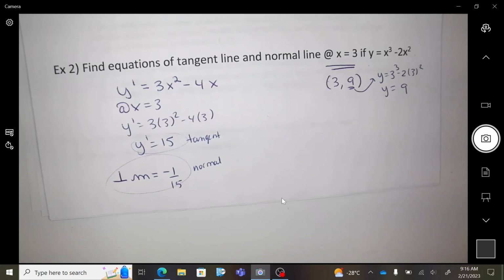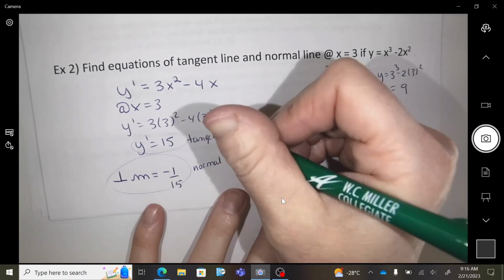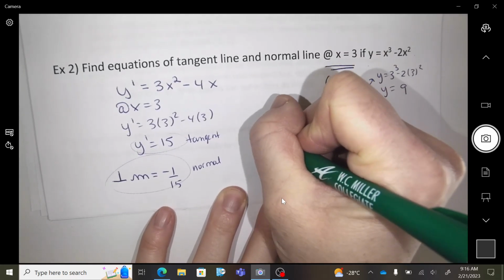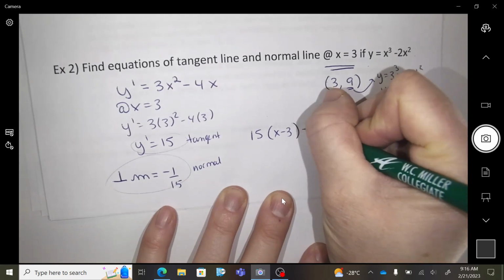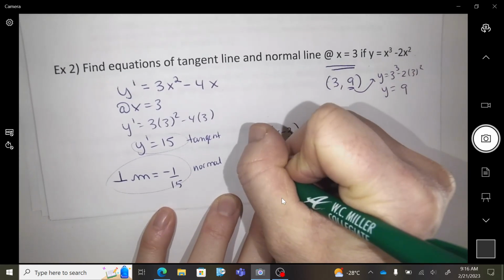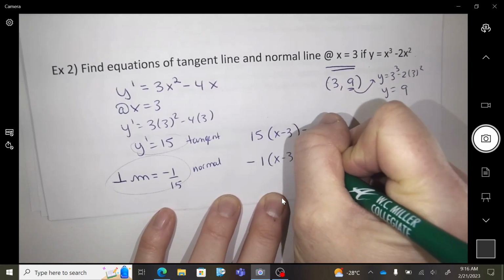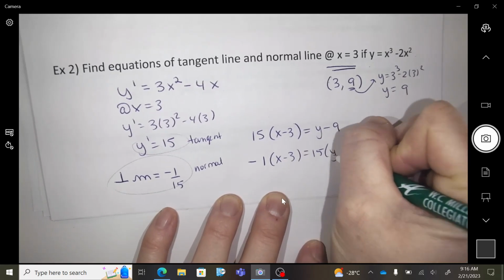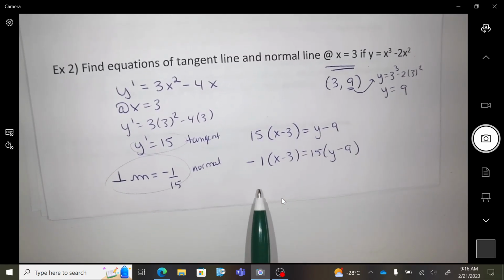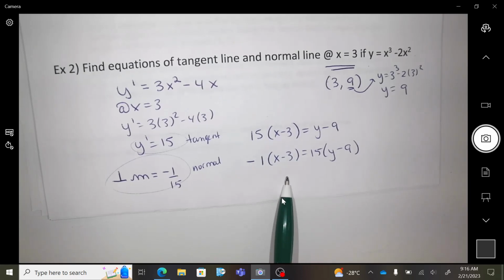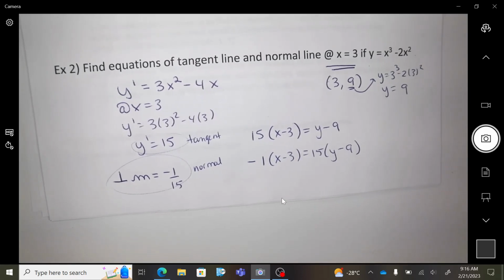I got 9 when I plugged it in. Okay, so it's ready to go. The tangent, there's your tangent equation and there's your normal equation.